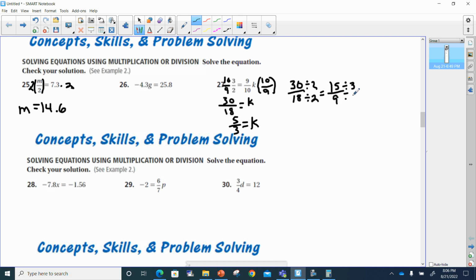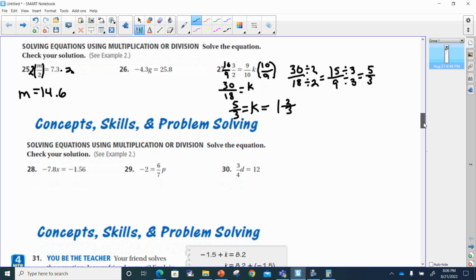And that would be 5 over 3. And that's exactly what I got over here, right? 5 over 3. This can also equal 1 2/3 because we know that 5 is divisible by 3 one time with a remainder of 2.